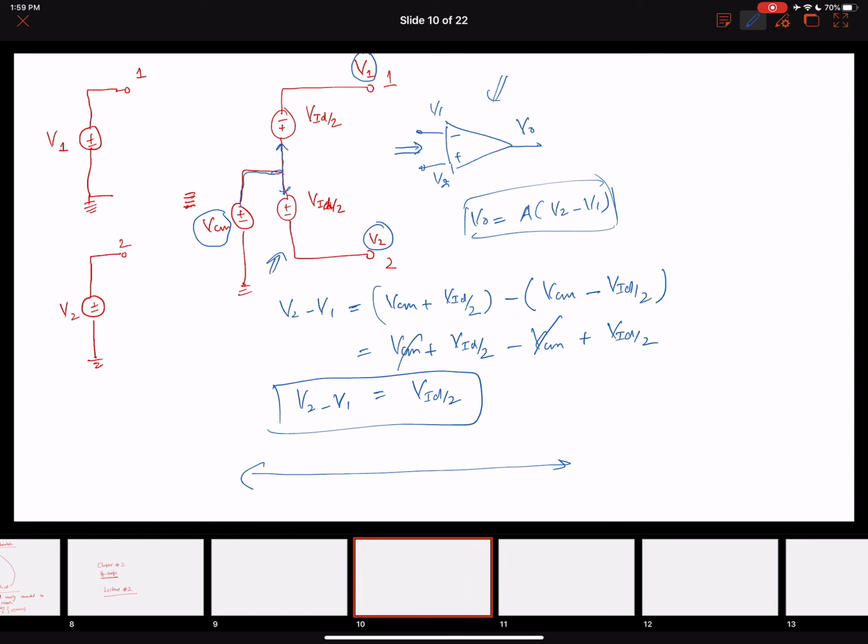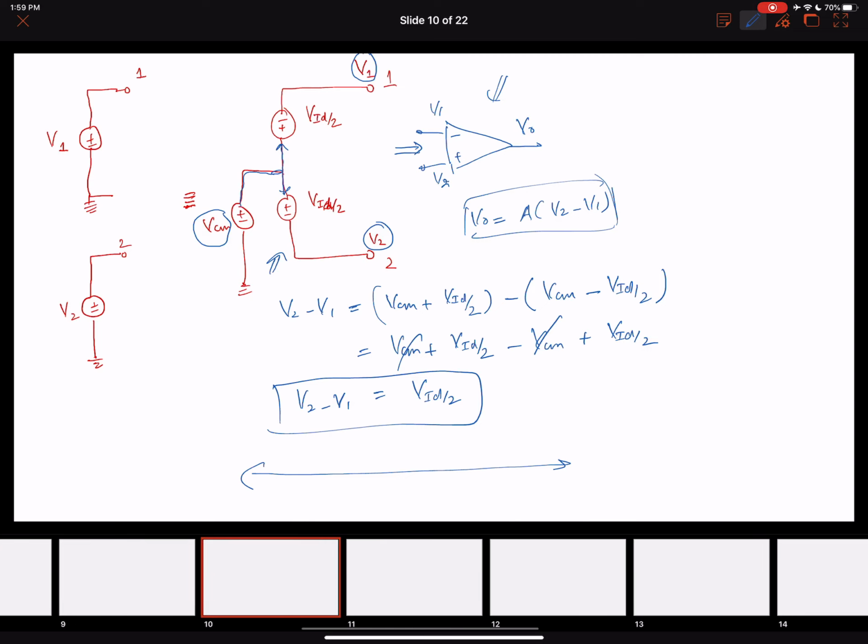All right, so in the second part of the lecture now, I am going to start talking about the configurations that we hinted upon in the last lecture, right? So we again said that we have an ideal op-amp, which has infinite gain, infinite bandwidth, infinite input impedance, zero output impedance.